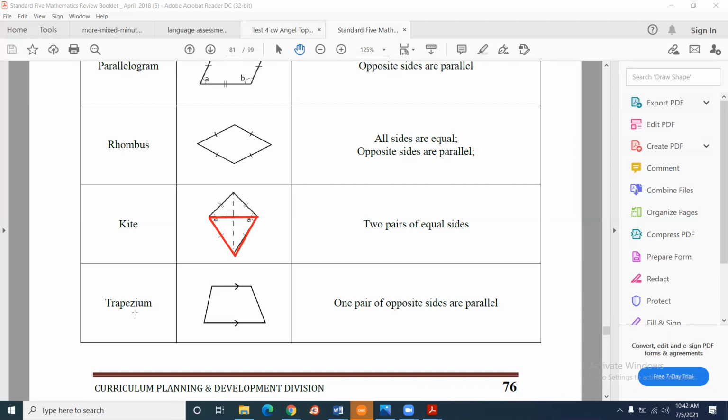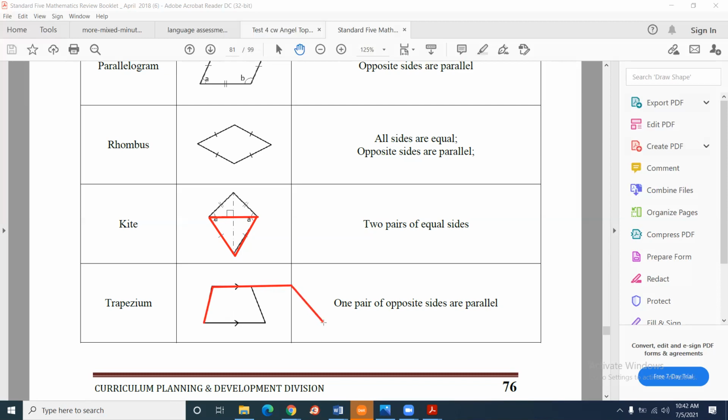The trapezium is a shape that has one pair of opposite sides that are parallel. We'll go into a little more detail of that, but a trapezium is not like a rectangle, because the rectangle doesn't have that slanted kind of look.